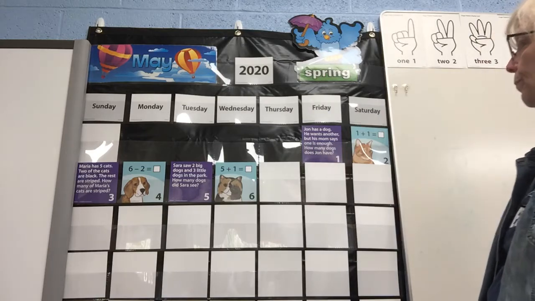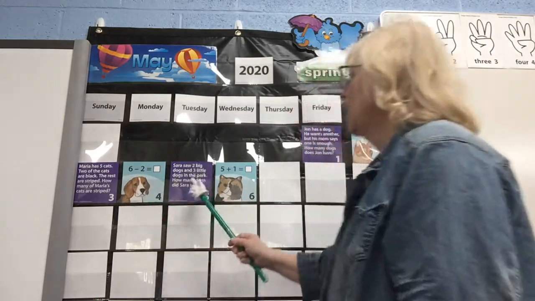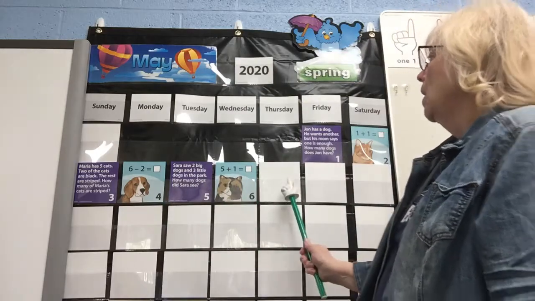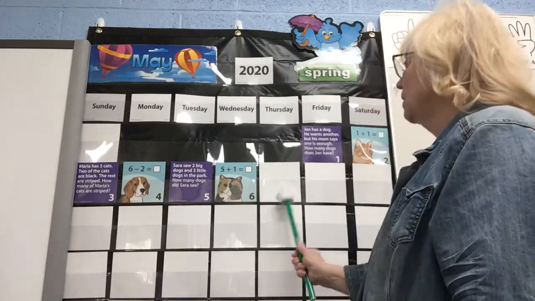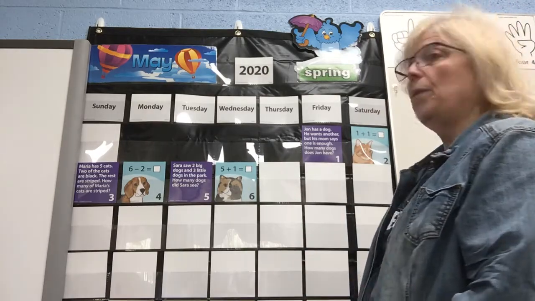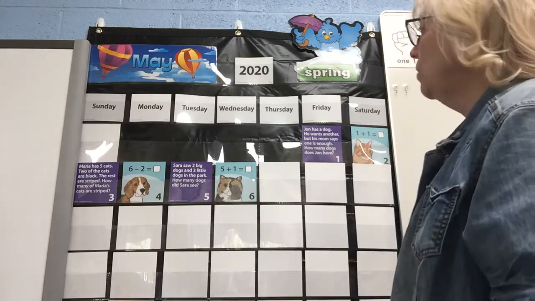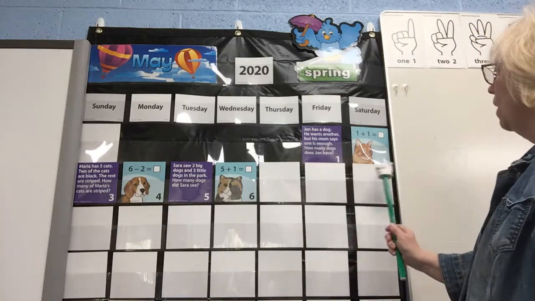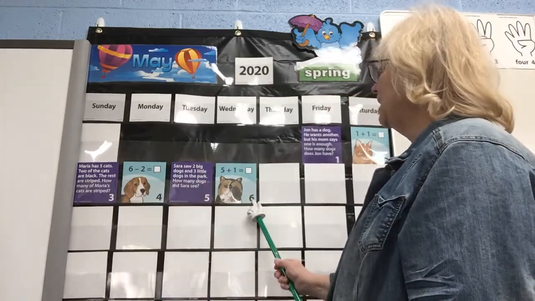If we have story problem, math fact, story problem, math fact, story problem, math fact, what do we need for our next day? Another story problem, correct. So let's do some counting. Ready? 1, 2, 3, 4, 5, 6.